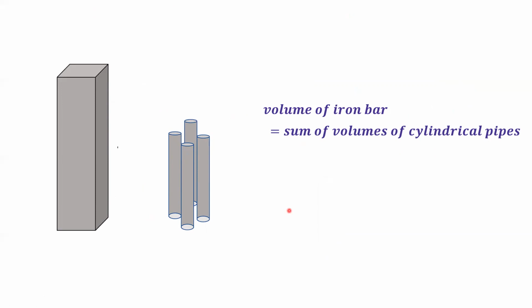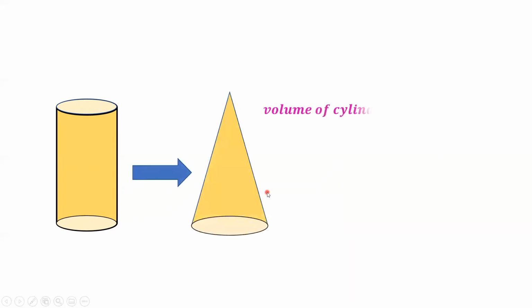Similarly, if a cylinder is transformed into a cone, then the volume of the cylinder is equal to the volume of the cone.